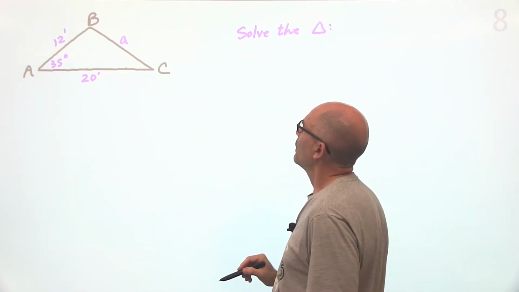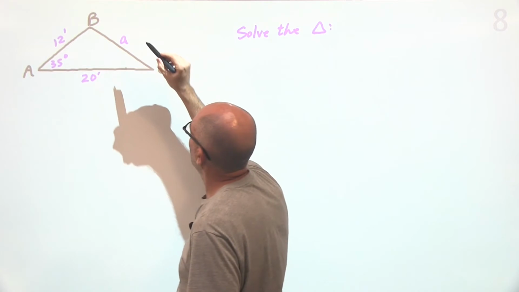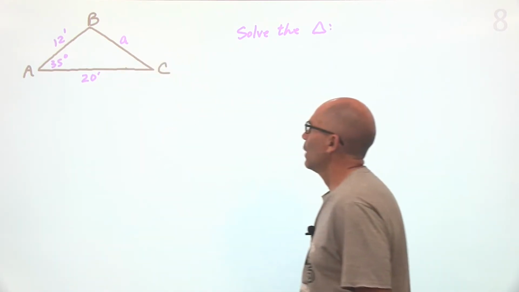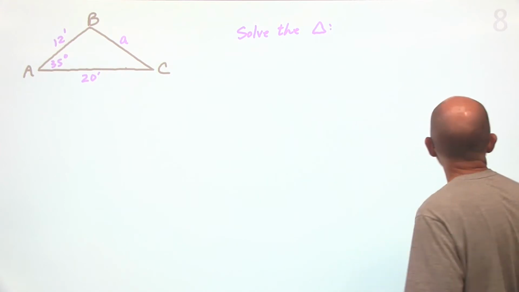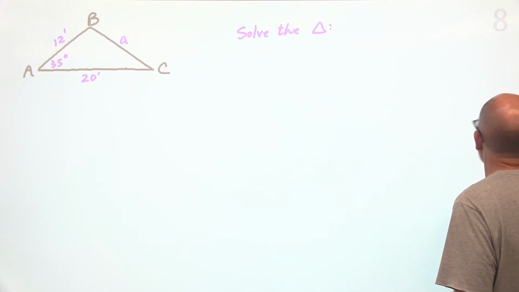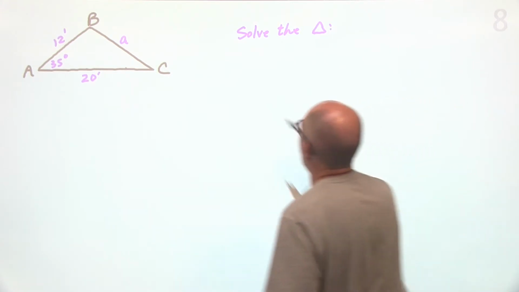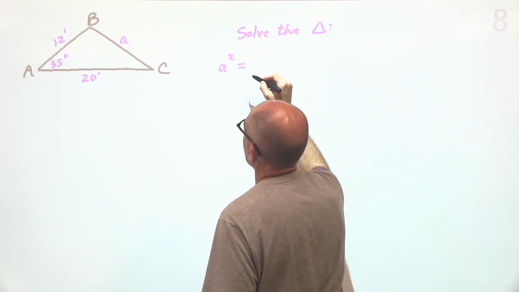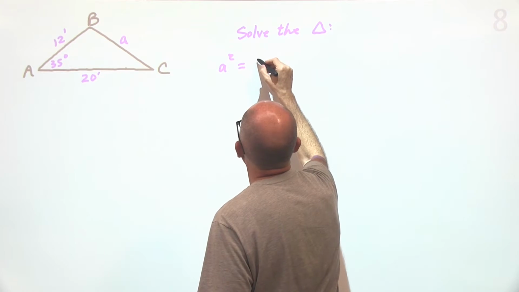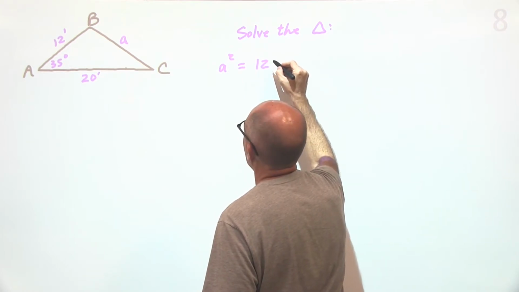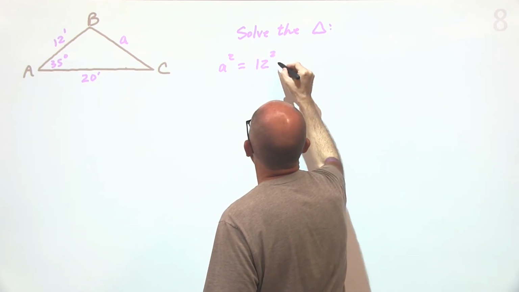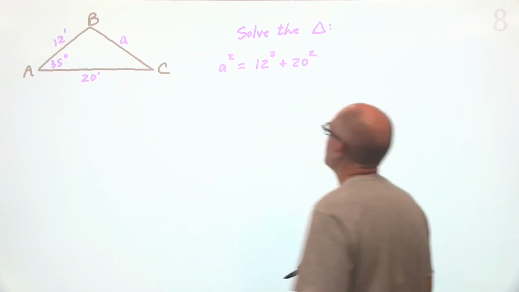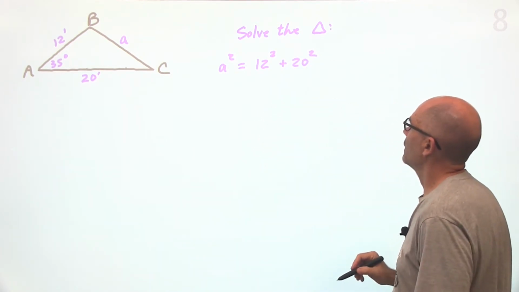All right, so notice I have side angle side here. And so what I'm looking for is side A. Well, how do I do that? I go A squared equals B squared plus C squared. Well, I just went backwards. Okay, so you just square each of the other two sides.